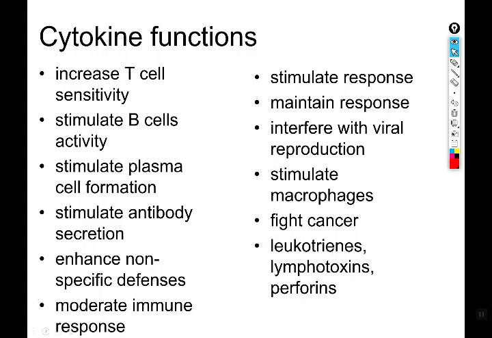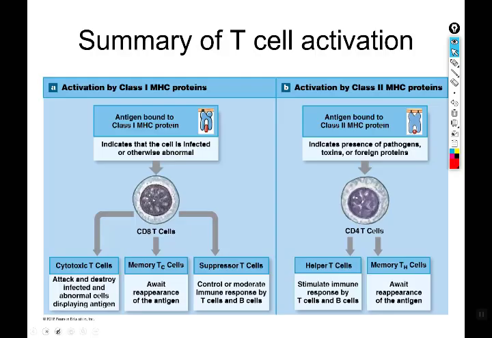So I mentioned in the last PowerPoint presentation that we were going to move on to humoral immunity, but since we spent the last presentation talking a lot about cellular immunity, let's just revisit a summary of how all of that works.